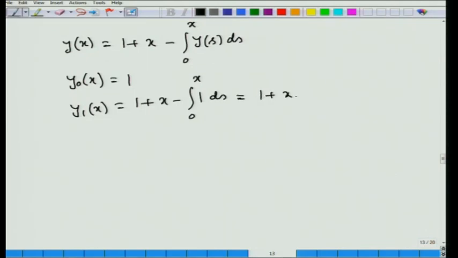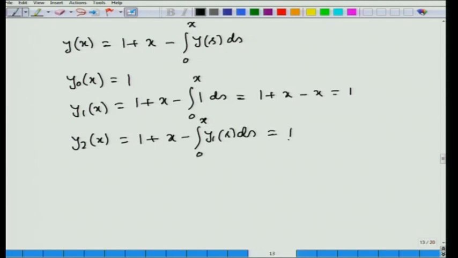That means 1 + x − x, which is equal to 1. Similarly, y₂(x) = 1 + x − ∫₀ˣ y₁(s) ds, so this is exactly equal to 1. Clearly, in this way yₙ(x) is equal to 1, and hence the limit as n tends to infinity of yₙ(x) is equal to 1.